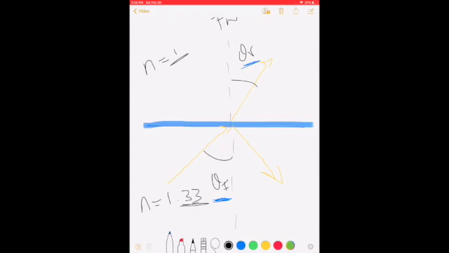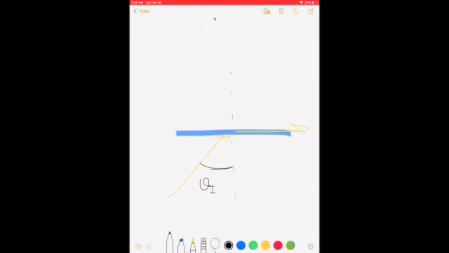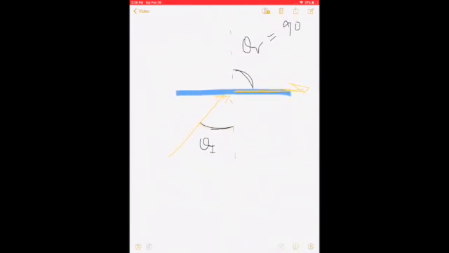So if you increase your angle of incidence, you are going to therefore increase your angle of refraction to the point where it hits 90. So this angle of refraction bends at 90 degrees.